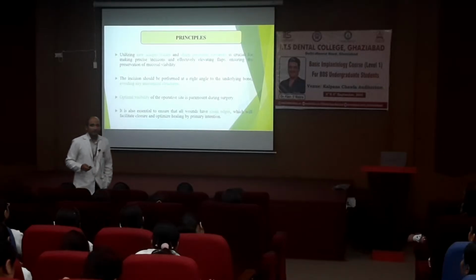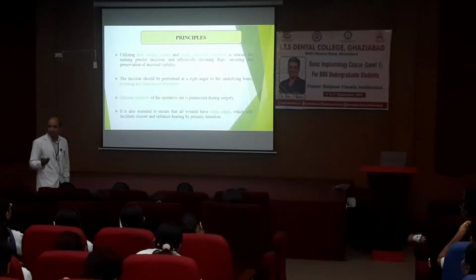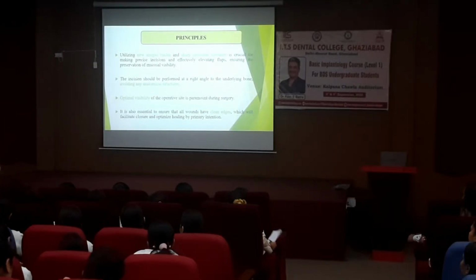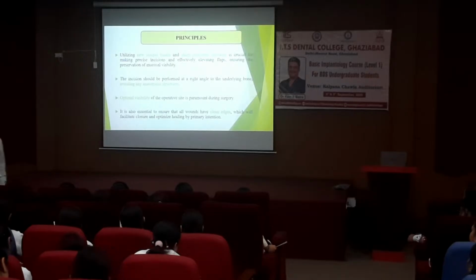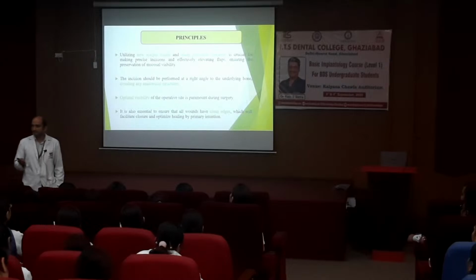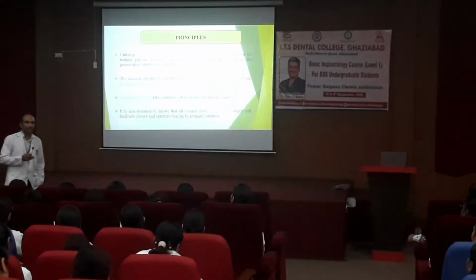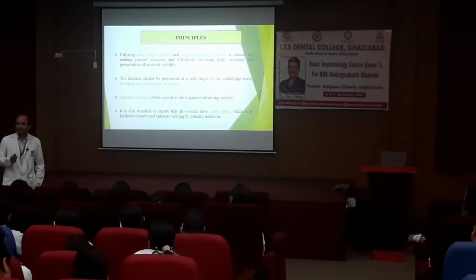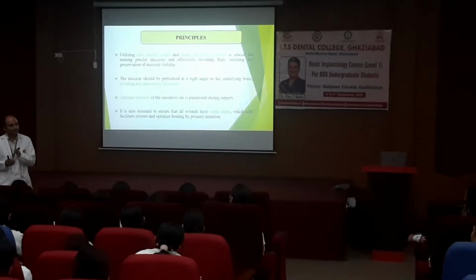So principles: you should use sharp blades, good periosteal elevators, and try that you are not tearing the flap. Anatomical areas where you can find an artery or a nerve should be avoided, especially while giving vertical releasing incisions, and clean margins. Whenever you are giving a crestal incision, it should hit the bone.